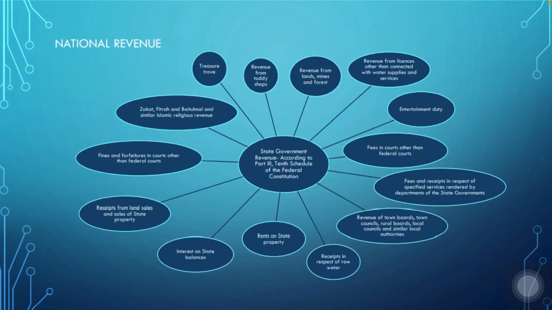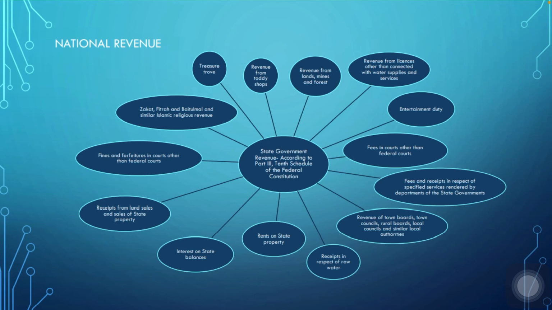So ini adalah all the state government revenue that has been stated in federal constitution. So contohnya macam zakat, fitrah, baitumal, and then you ada rents on state property, and then segala urusan pembayaran di mahkamah dan juga mahkamah-mahkamah selain daripada mahkamah persekutuan also merupakan sumber-sumber state government.